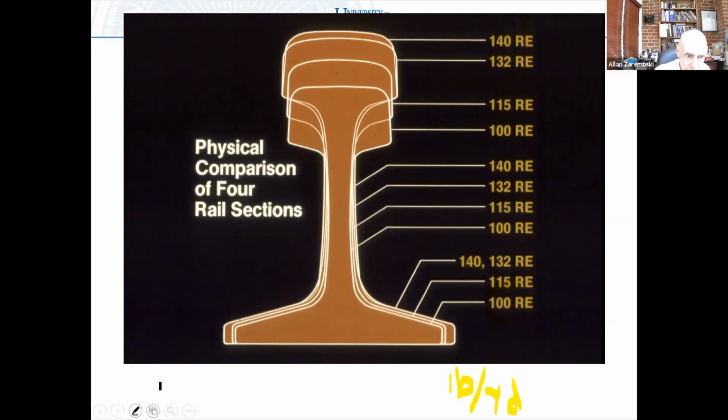So the UIC rails are in kilograms per meter. And the AAR rails, and this RE means it's an AREMA section, American Railway Engineering and Maintenance-of-Way Association section, is in pounds per yard.